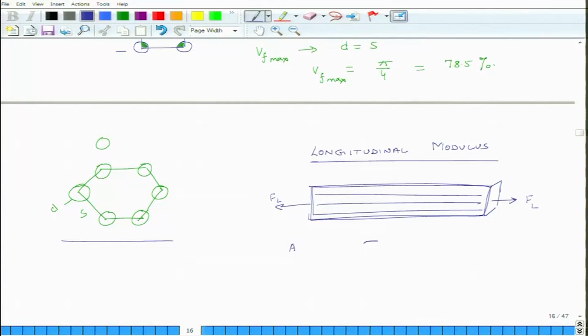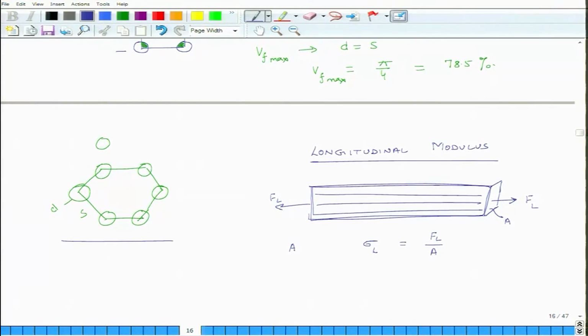Then stress will be sigma, and this stress is being applied in the L direction. So, sigma L equals FL over A, the cross sectional area. So, I can calculate how much stress I am applying on the overall system.